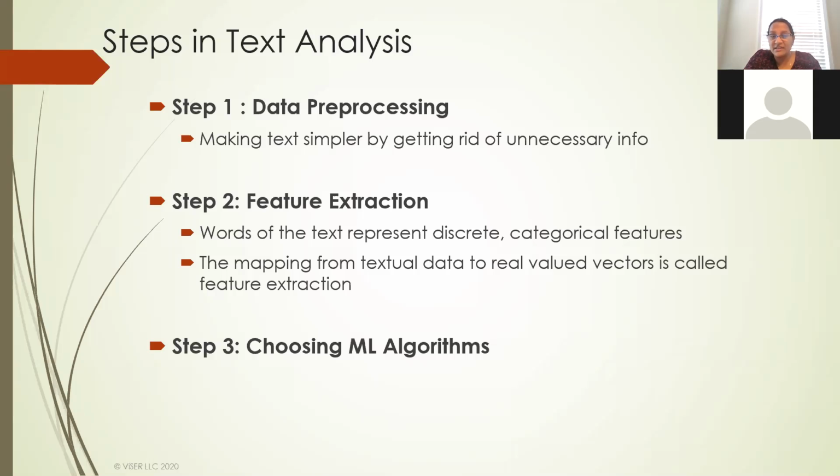And then third is choosing machine learning algorithms. In text analysis, we have different kinds of algorithms, and there are no fixed rules for choosing an algorithm. You just have to make sure how accurate the algorithm is, and that is a criterion which we use when we decide on an algorithm.